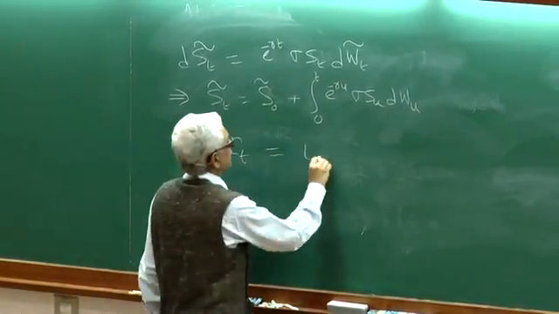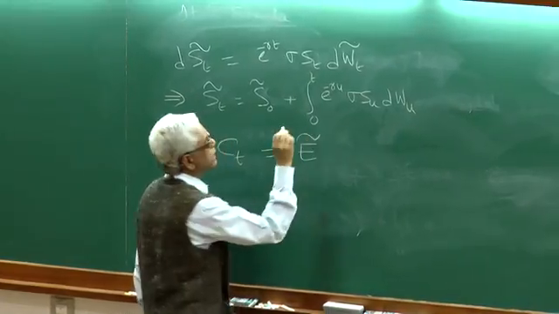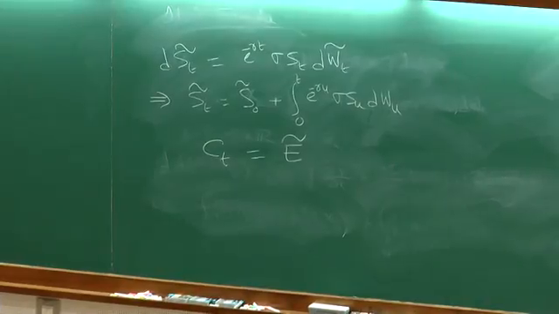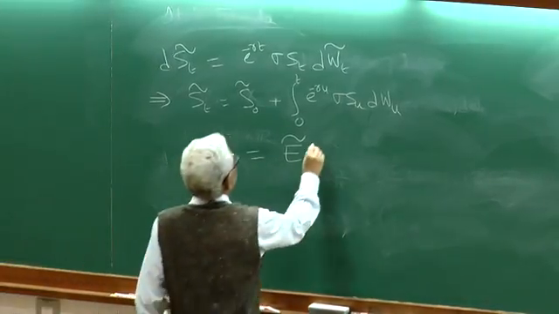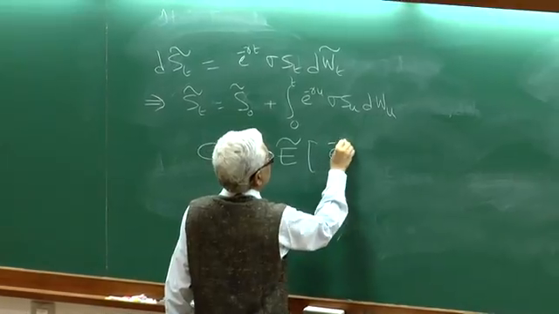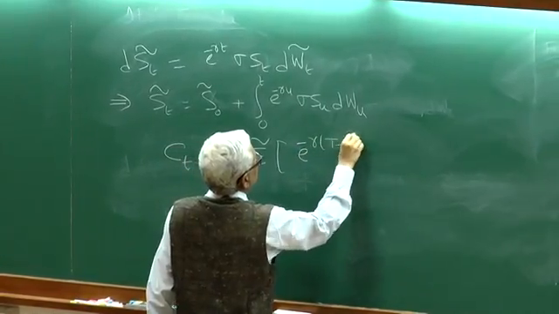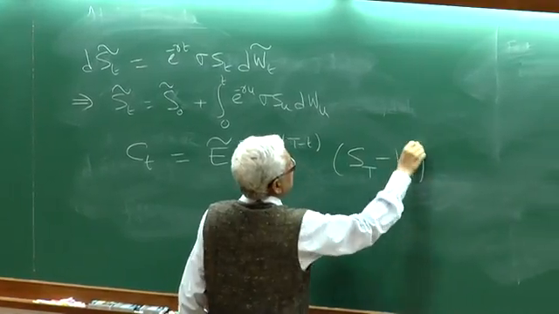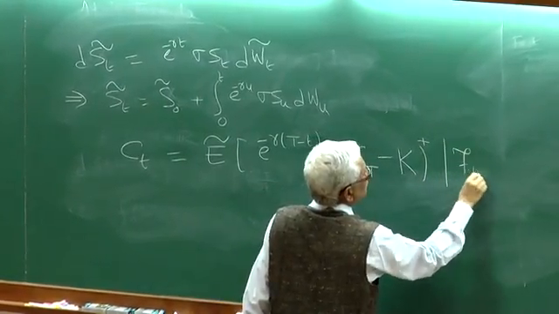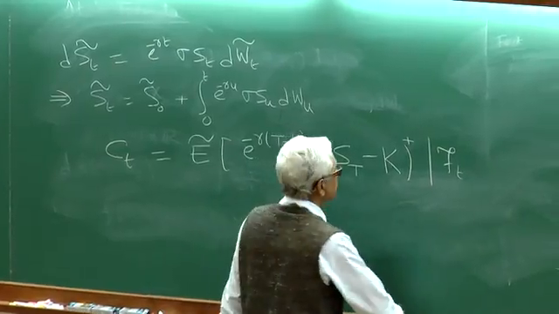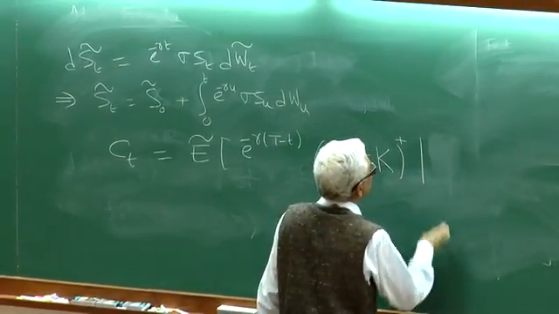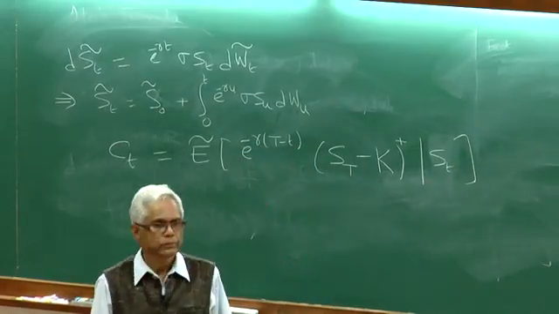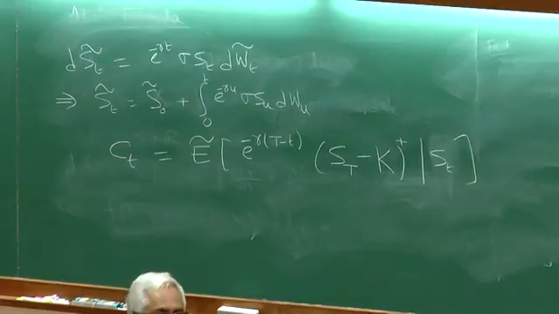Ct will be the expectation with respect to the new probability measure P tilde, I will be calling it E tilde, of e to the power minus r(T minus t) times (ST minus K)+ given Ft. But given Ft, as I said, by Markov property, it must be given St. Now I can calculate this.